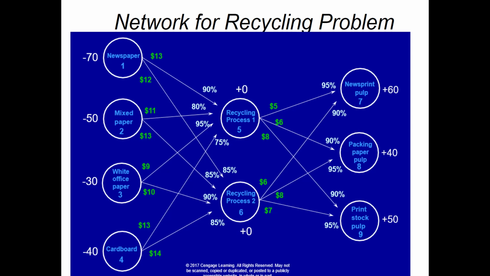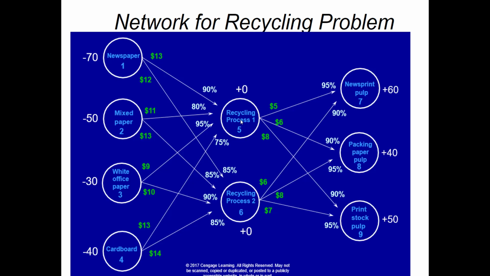Now, in this case, 90% of the x15 plus 80% of the x25, because whenever we send x15 we just get 90% of them, so that means 90% x15 plus 80% of x25 and 95% of x35 and 75% of x45 are the inflow of node 5, and outflow is going to be the material that we send out to the other stage, node 7, 8 and 9.